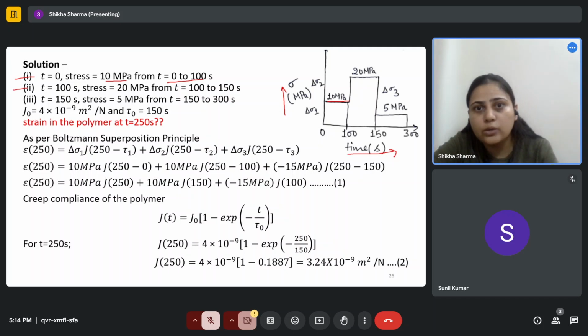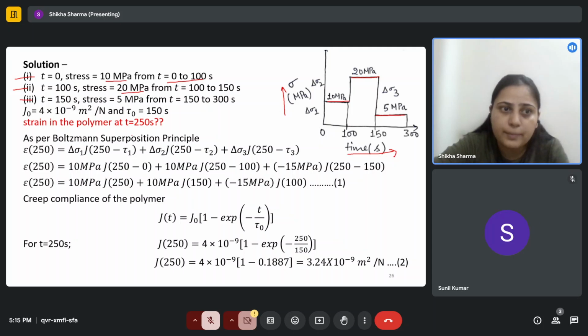From 100 to 150 seconds, 20 megapascal is applied. And from 150 to 300 seconds, 5 megapascal is applied. These three conditions are given.